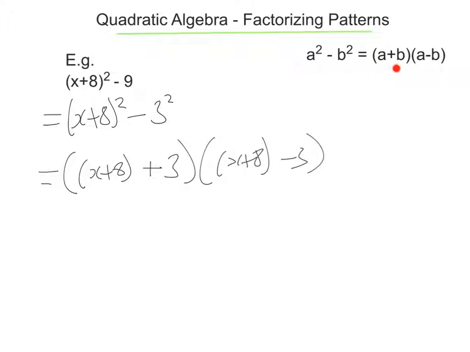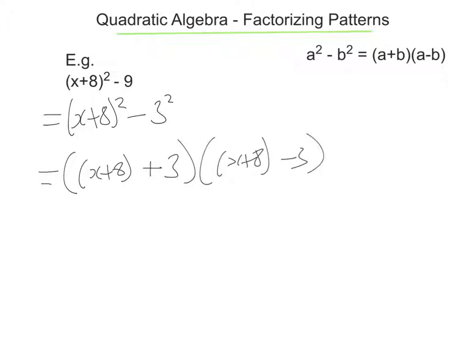A plus B, A minus B. So this bracket is A, and this is B, and there's the plus and the minus. This is giving us the pattern, showing us how to factorise an A squared minus B squared.